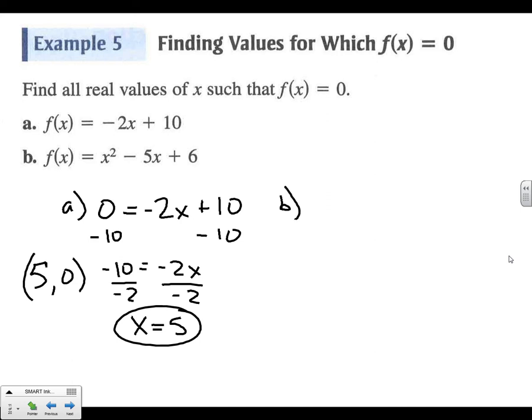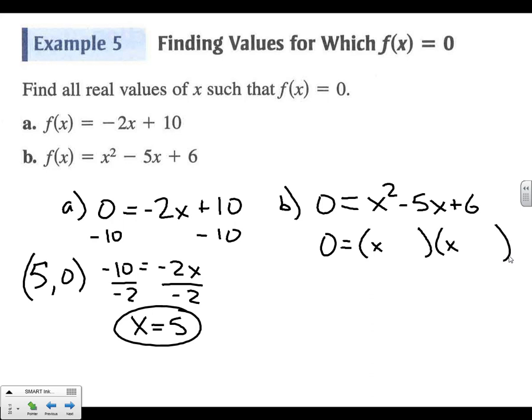Let's do the same thing on b. Fairly straightforward. 0 equals x squared minus 5x plus 6. This is a trinomial. We need to factor it. Since this is a positive and this is a negative, we're going to have two negatives. One's 3 and one's 2. We multiply to 6, and we add to negative 5.